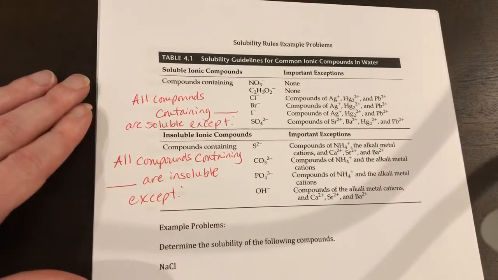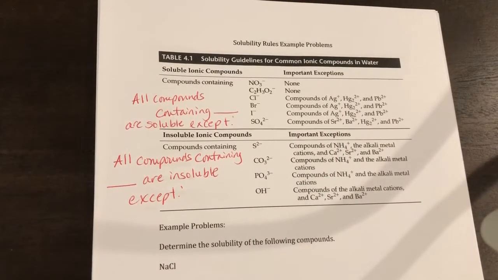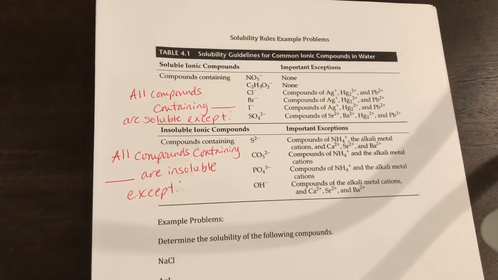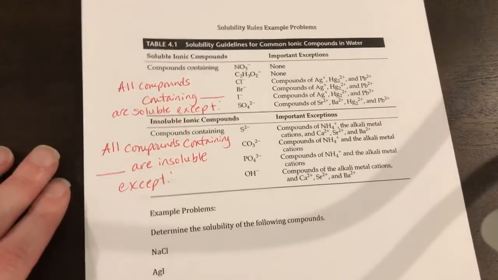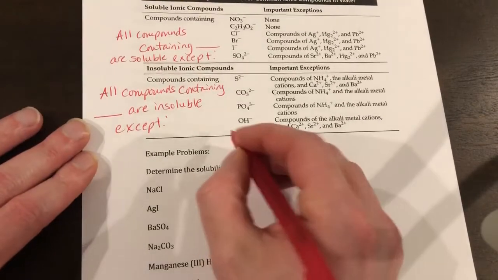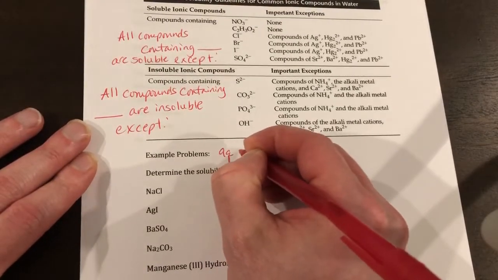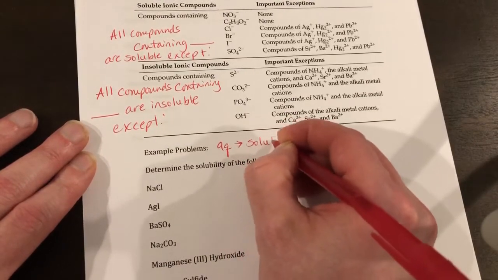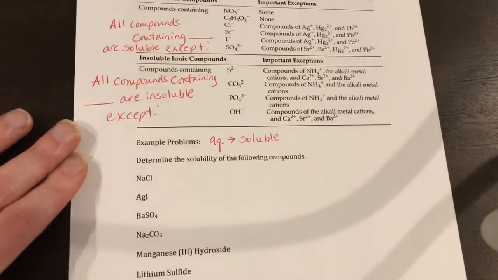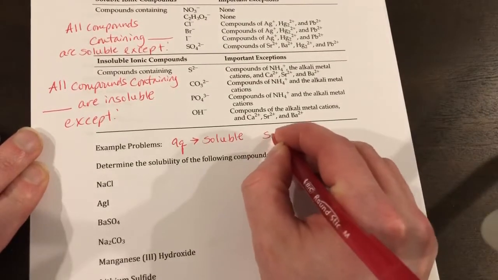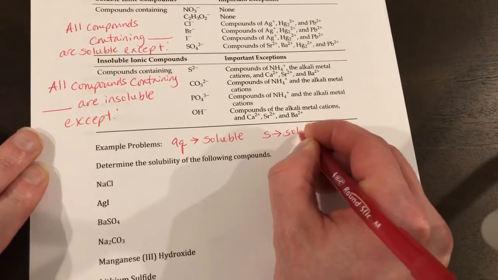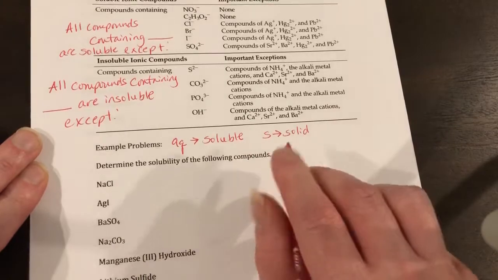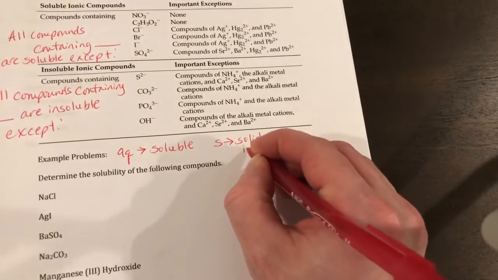It's better to do by example, so we're going to look at the example problems at the bottom. One thing to note, if you see AQ, that stands for aqueous. That means it's going to be soluble. If you see the symbol S, that means it's going to be a solid and it's going to be insoluble.